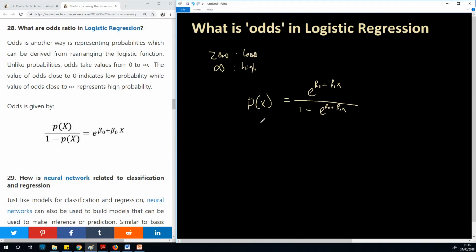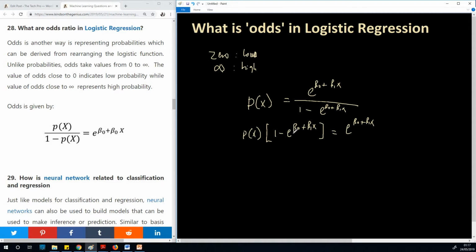So basically, we can multiply both sides by the denominator, so we have (1 minus e to the power of beta 0 plus beta 1x) times p of x equals e to the power of beta 0 plus beta 1x.